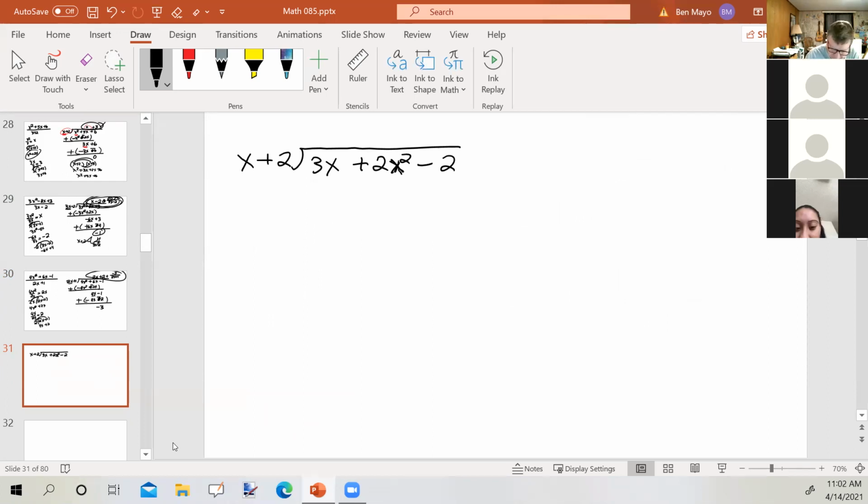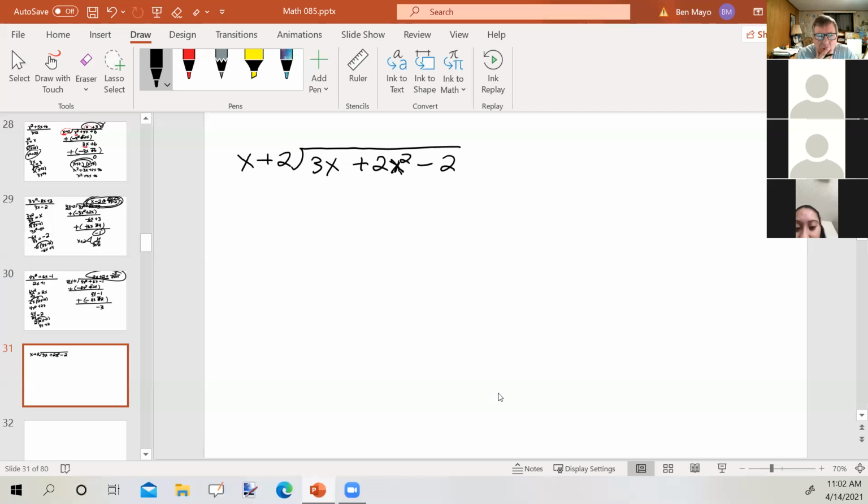Take the x plus 2 and take the leading term, so the 3x. Careful. Is 3x the leading term? No, it's x. Take x and put it over 3x. No, no.